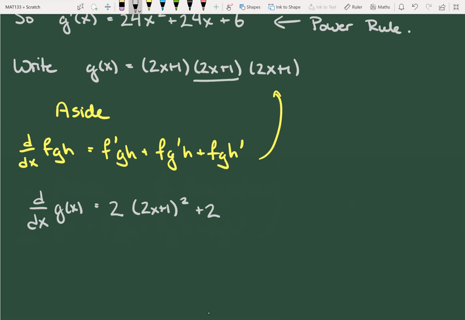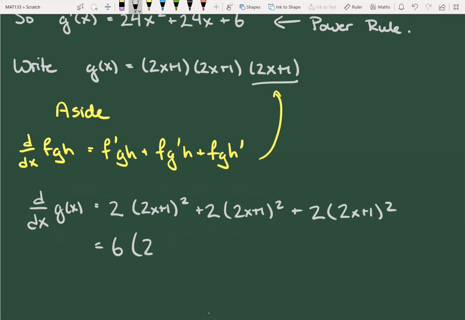That's 2 times f and h. And then we'll do the derivative of the third function, which is 2 times the other two functions. And in total, that gives us 6 times (2x plus 1) squared. And if you were to expand that out, you would get 24x squared plus 24x plus 6. Okay, which would be the same answer.